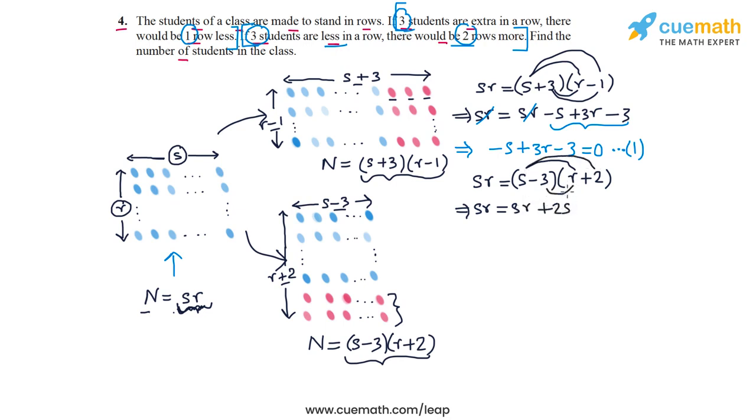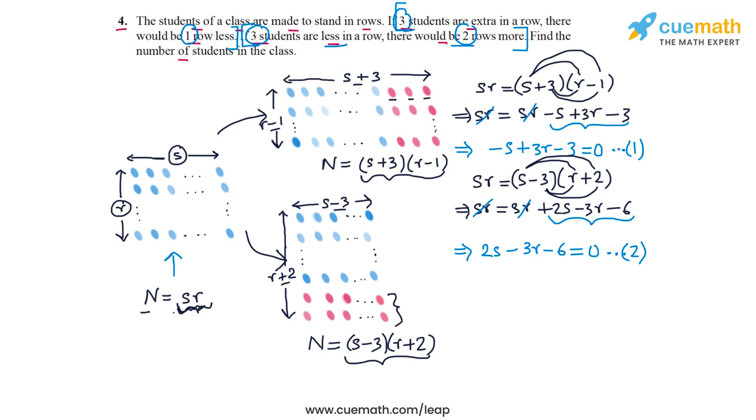Then minus 3 times R, so minus 3R. And then minus 3 times 2, that's minus 6. Once again the SR terms cancel out and we are left with a linear equation in S and R: 2S minus 3R minus 6 is equal to 0. Let's call this equation 2.